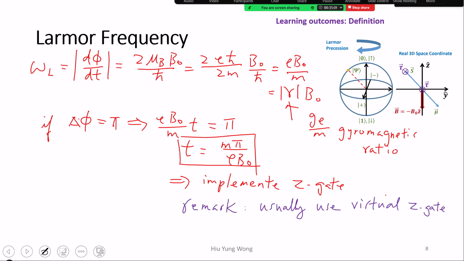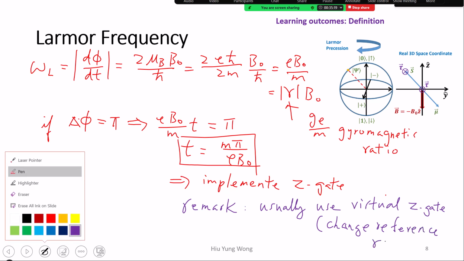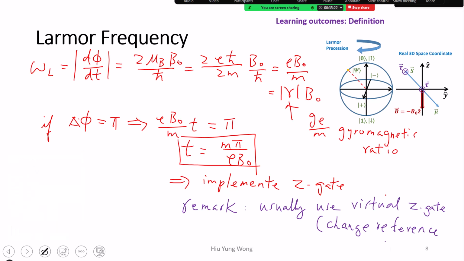Basically, you don't really do any Z gate, you just change the reference frame to achieve the Z gate. So instead of really rotating it, you just rotate yourself. Then you will see that it's going in that direction. So we don't need to go into this detail. Basically, I just want you to know that usually you don't do that. Why? Because a large magnetic field is very difficult to turn on and turn off. You need to be fast.